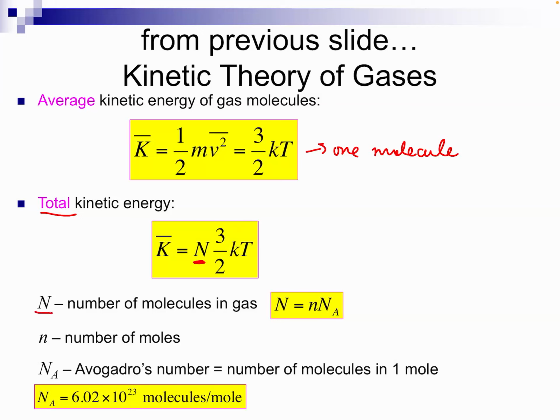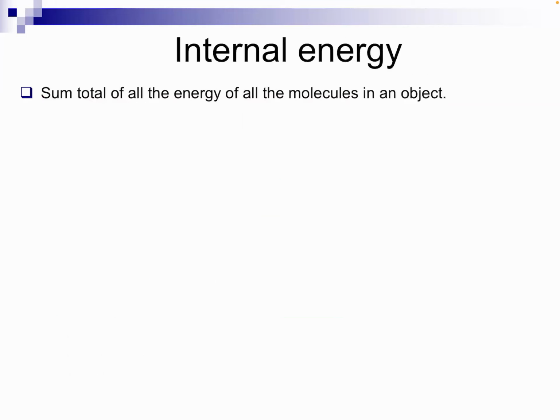So n will be the number of molecules of gas in the system. So this allows us to define what we call internal energy. Internal energy is the total energy of all the molecules in the object.